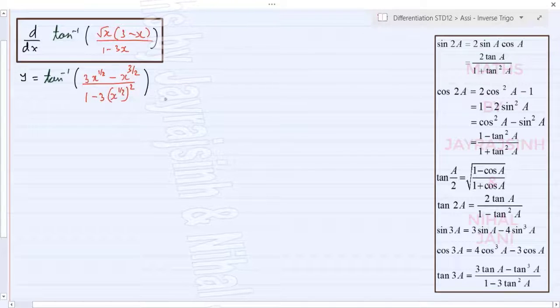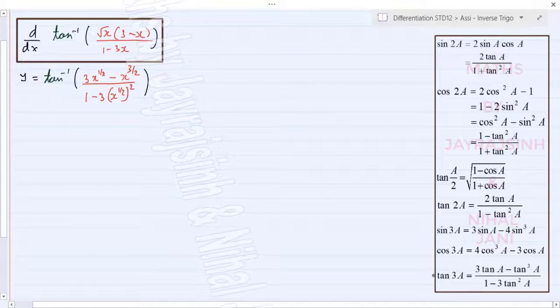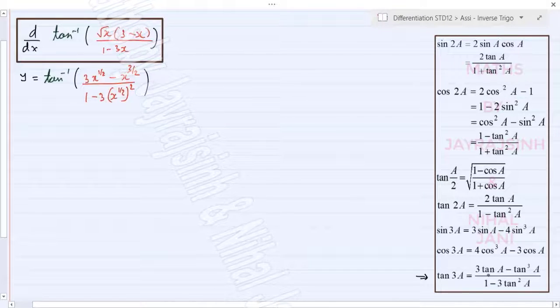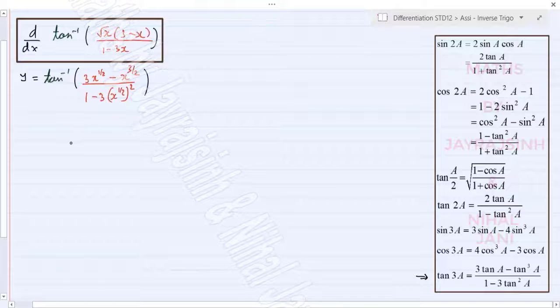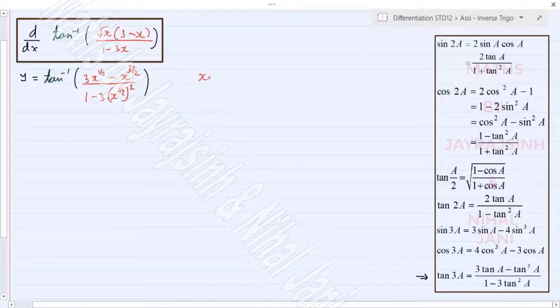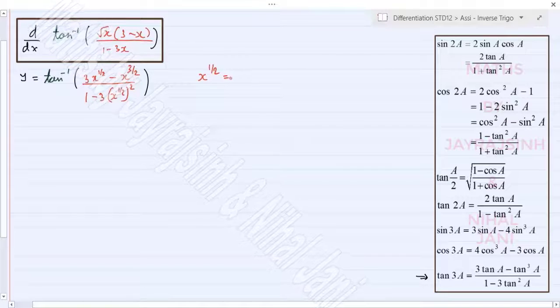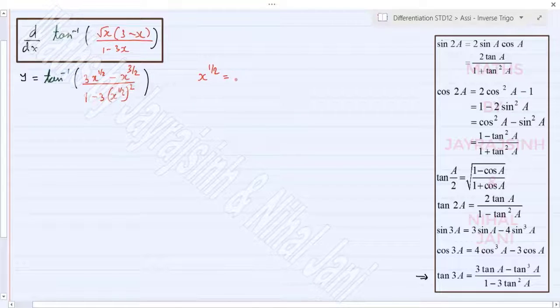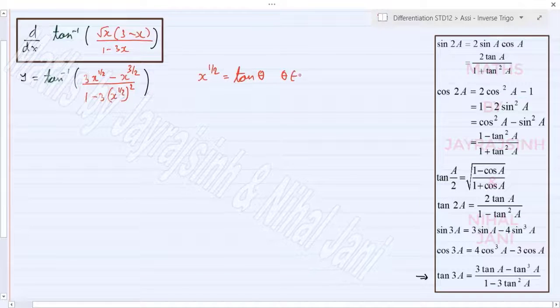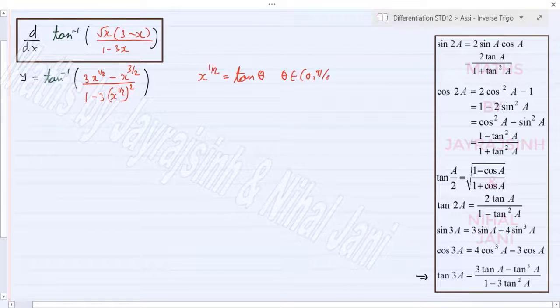So here we get the right hand side of tan 3 theta's formula, which is 3 tan a minus tan cube a upon 1 minus 3 tan square a. So it is preferable that we assume x raised to 1 by 2, or we can say root x, is equal to tan theta, where theta belongs to 0 to pi by 2.